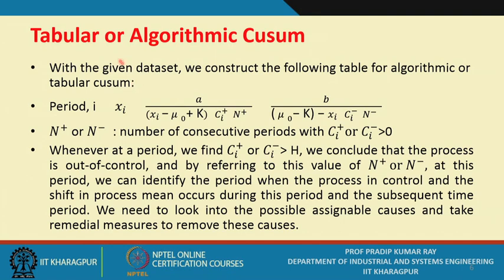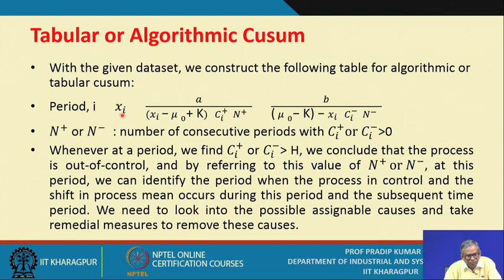Okay, so in the first column you refer to the period, that is i. In the second column you have the corresponding value of the quality characteristic. That means for the ith sample or the ith period, what is the value of x? So x is a variable.